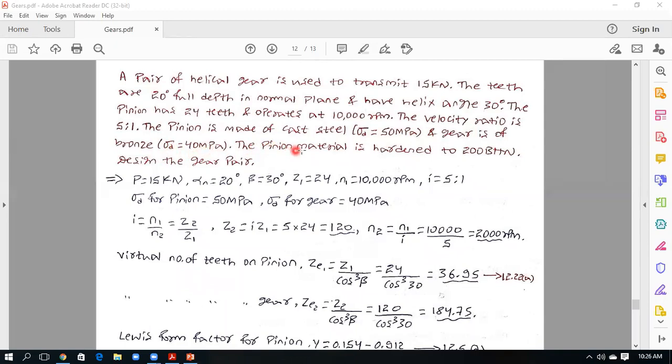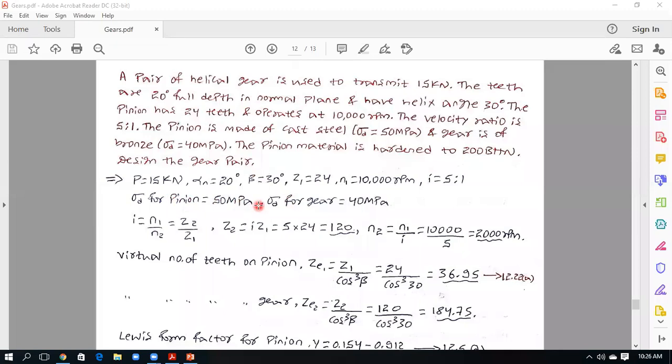The pinion material is hardened to 200 BHN. The hardness of the pinion material is 200 Brinell hardness number. Next, he has asked to design the gear pair. You need to design the gear pair.